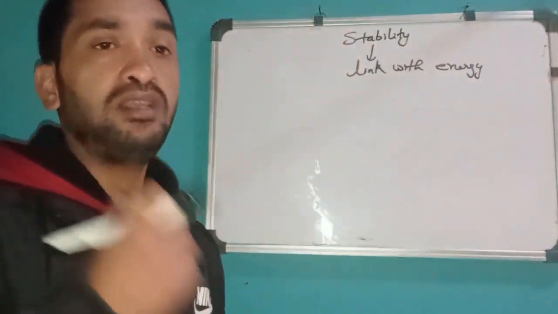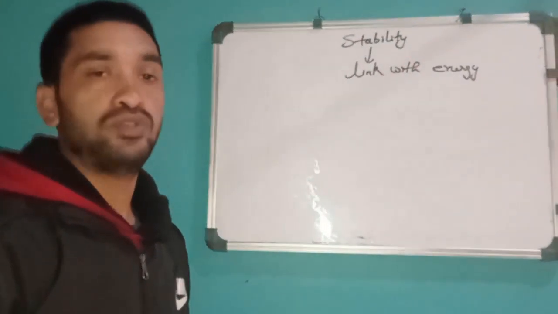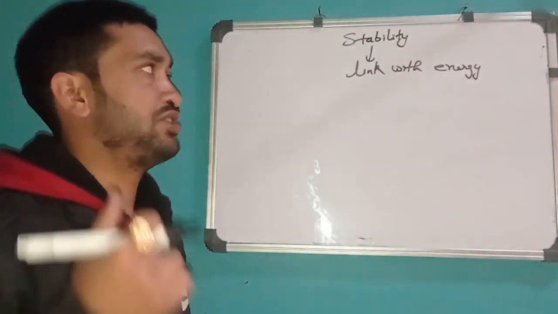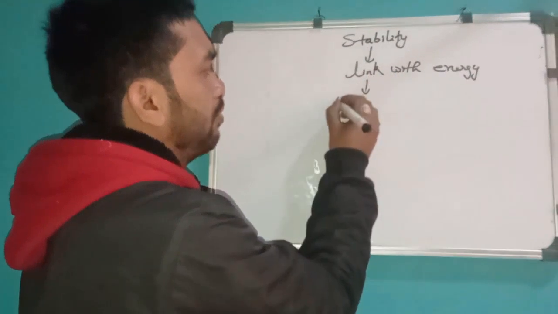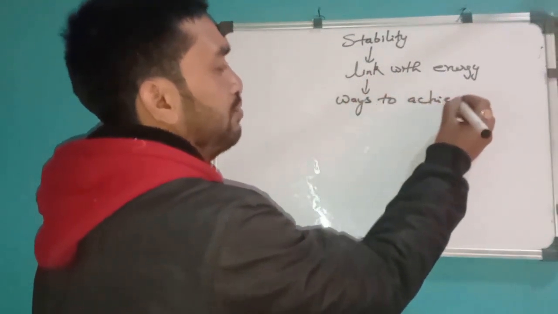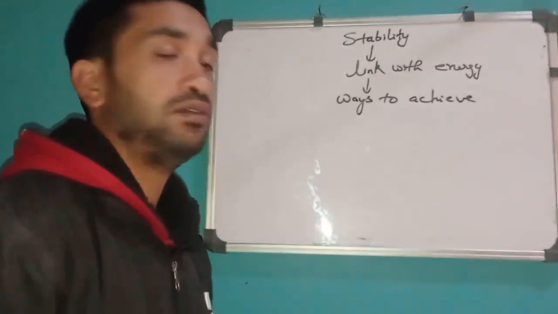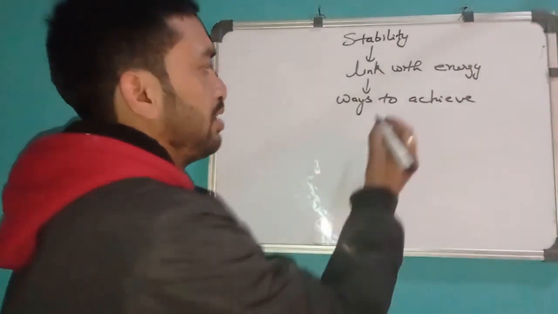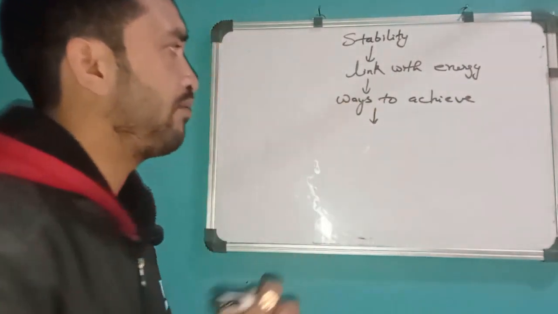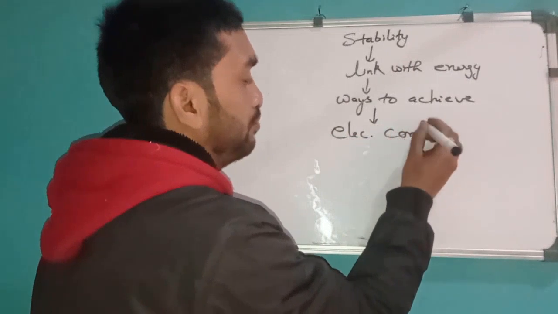Second, the link of stability with energy: high energy, low stability; low energy, high stability. Then the ways to achieve that configuration, meaning duplet state or octet state. How to achieve that. Next, after achieving stability, we studied electronic configuration.